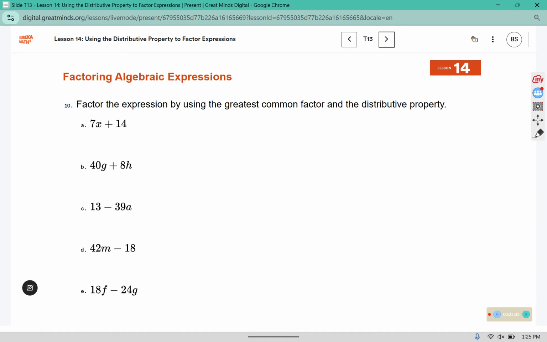Factor the expressions by using the greatest common factor and the distributive property. So the greatest common factor that can come out of 7 and 14 is 7. 7 is a factor of both. So that would be 7 times 1x, but we're going to just write a single x. And 7 times 2 is 14.